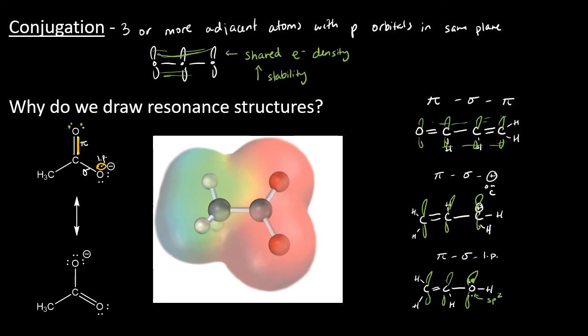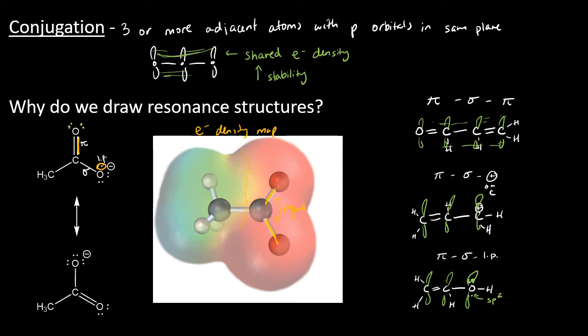Okay, so back to the question at hand. Why do we actually draw resonance structures? Well, if we study the acetate ion, for example, if we look at this electron density map over here, we learn a few things. First of all, our CO bonds are equal in length. And also, the oxygens both share the negative charge.